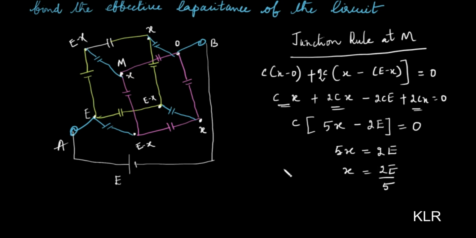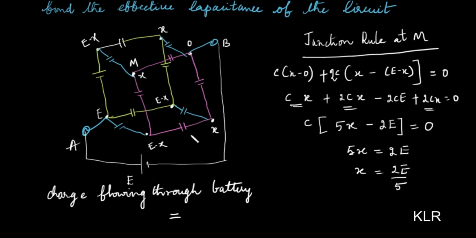Now the charge flowing through the battery, how much charge is flowing? Say this is q. Now this is q1, this is q2, and this is q3. If you see this, due to symmetry, q1 is equal to q2 is equal to q3.